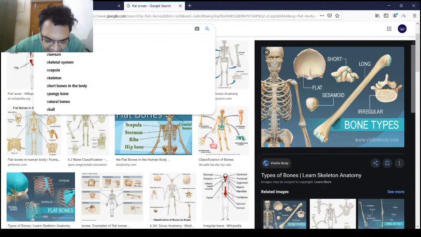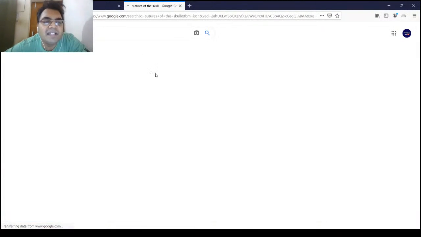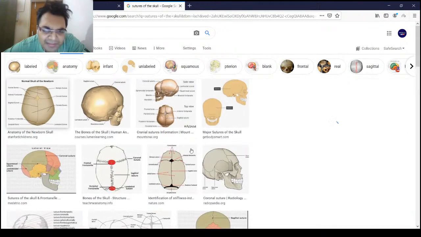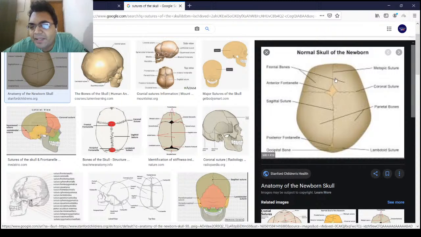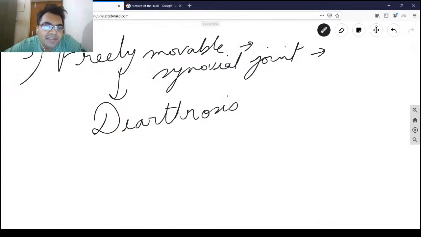Dense fibrous connective tissue, so that the two bones are completely immovable. You see, these are the sutures of the skull. So that's why the skull bones cannot move, and they are specifically fibrous joints. A lot of collagen fibers are present.